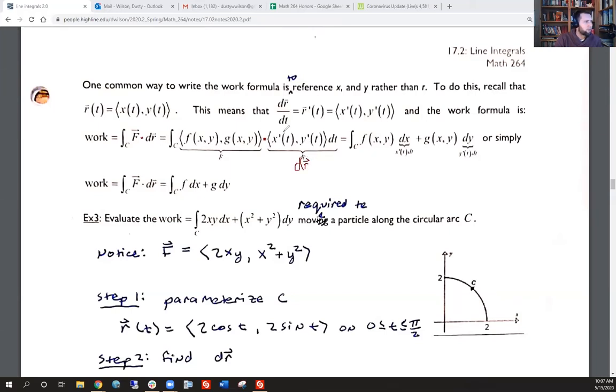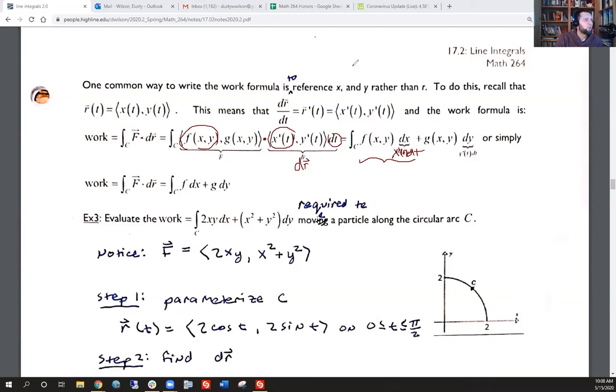And so we can do our dot product and notice that we're going to take the x prime and the dt, and we're going to multiply those by the f, and that will give us f of x dx, where dx is equal to x prime of t dt.